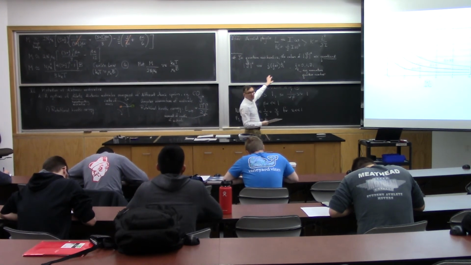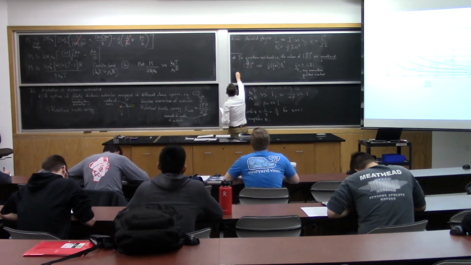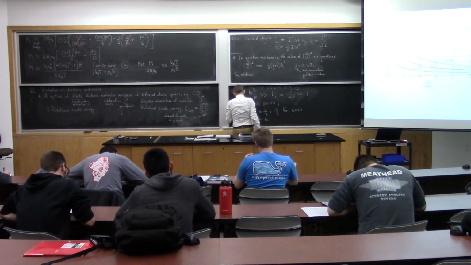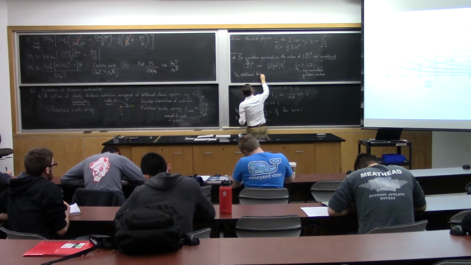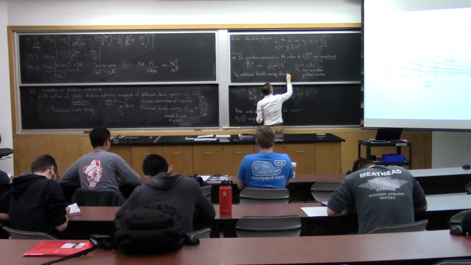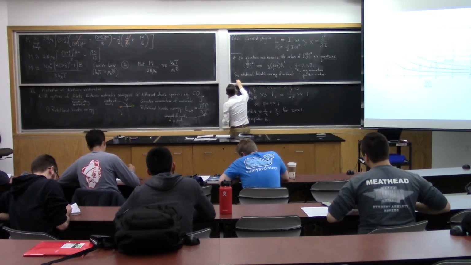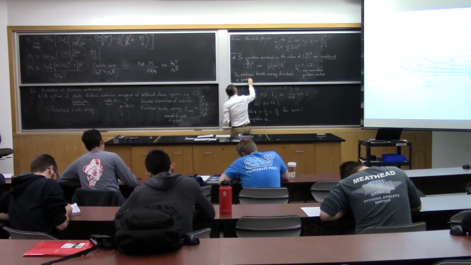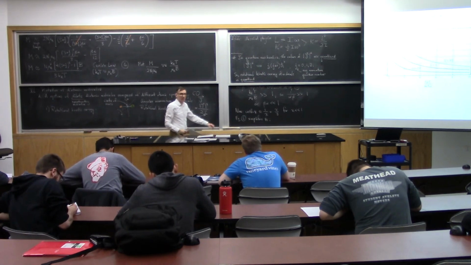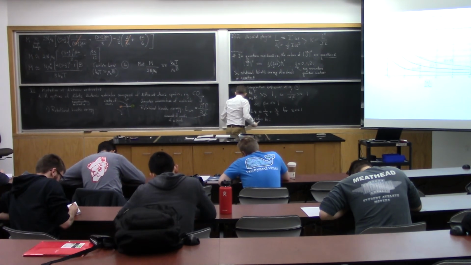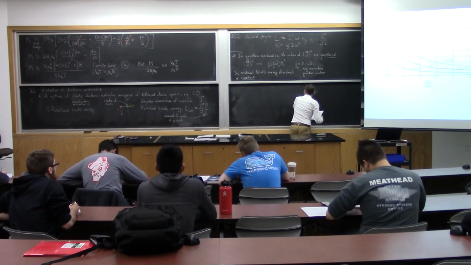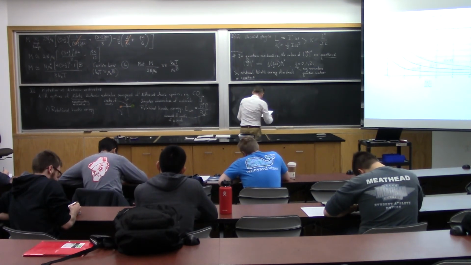Okay, with that key result from quantum mechanics, we can say that the rotational kinetic energy of our diatomic molecule is also quantized, because it depends on the magnitude of J squared. So let's write down the possible values for the rotational energy. Okay?